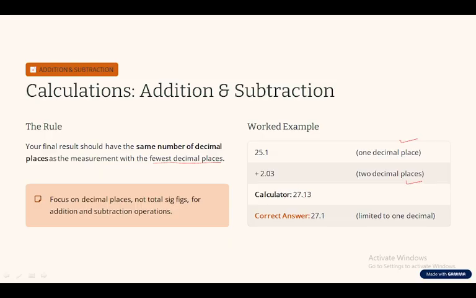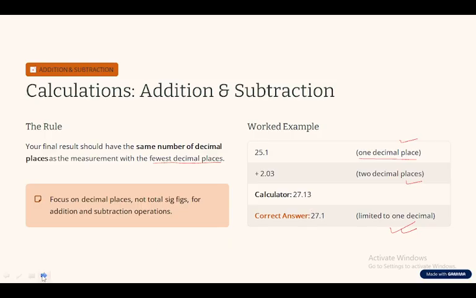On the calculator we get 27.13. The correct answer is 27.1, limited to 1 decimal place. This is our answer for addition and subtraction both, right? So we get 27.13, and you have to limit it to 1 decimal place, that is 27.1. 27.1 is the correct answer.